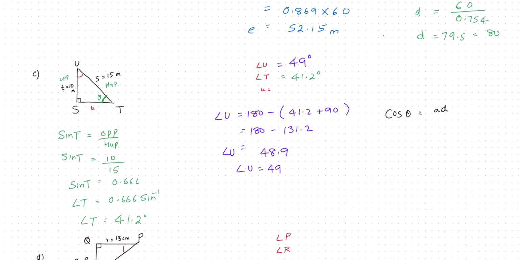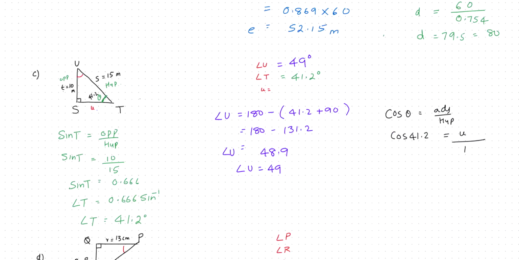So cos 41.2 equals adjacent is U, we have to find, and hypotenuse is 15.